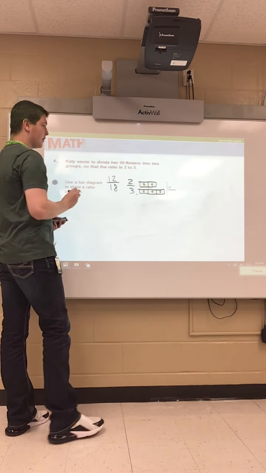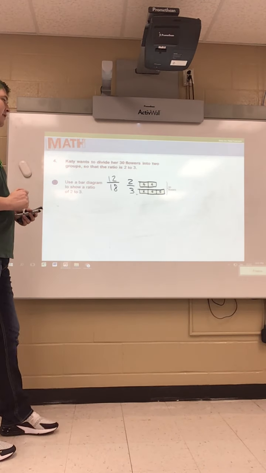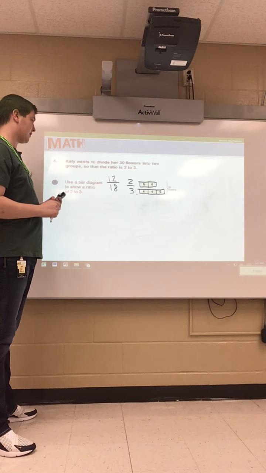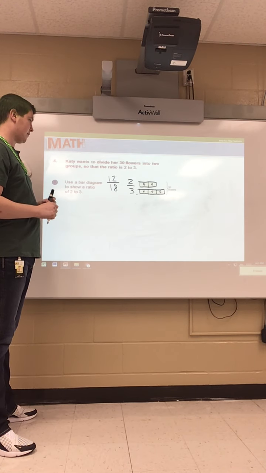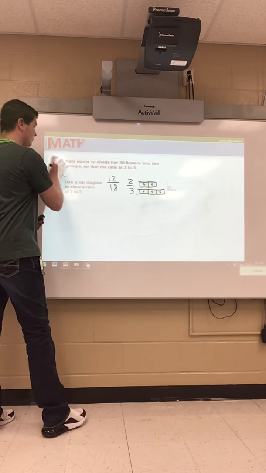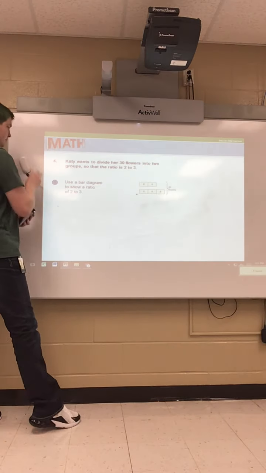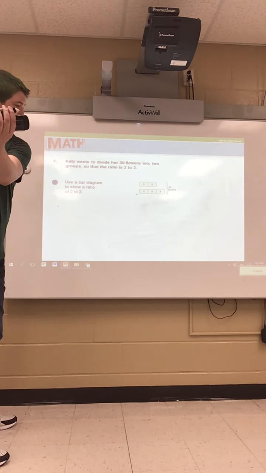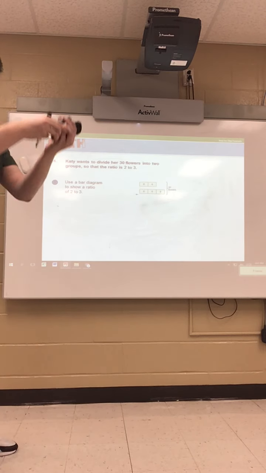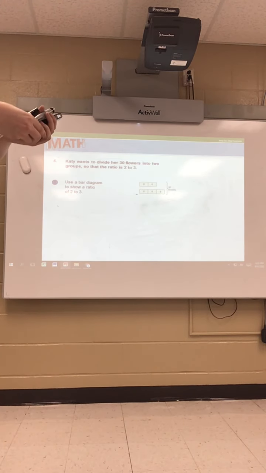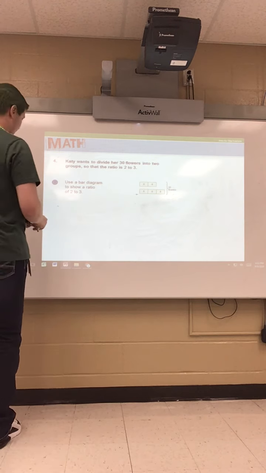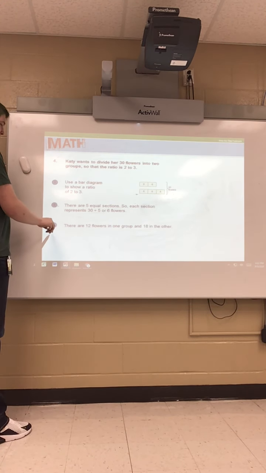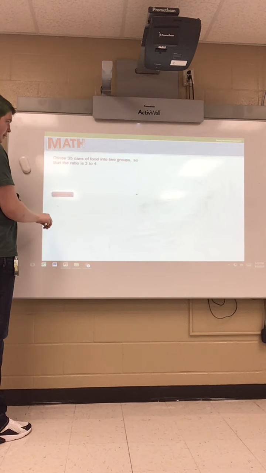So 12 over 18 is the ratio 2 to 3 when having 30 flowers. Yep, 12 flowers in one group and 18 in the other.